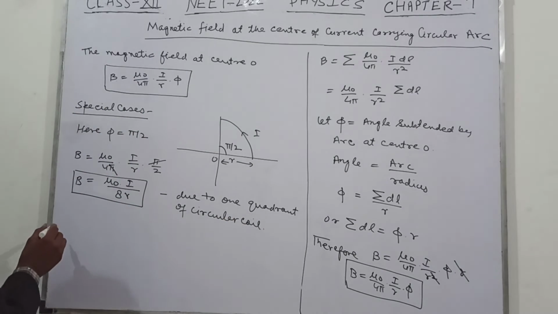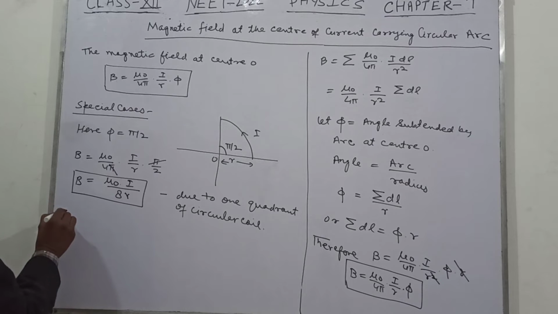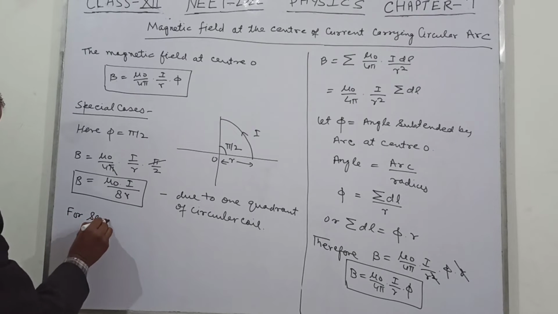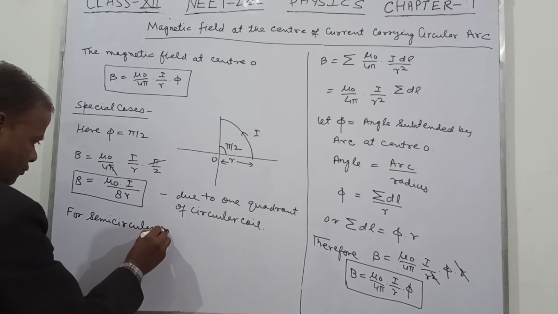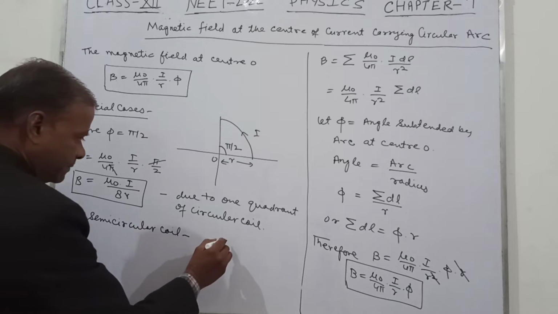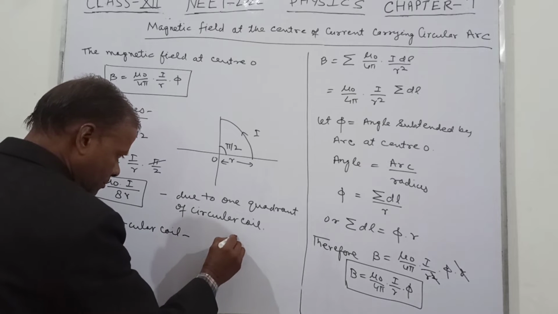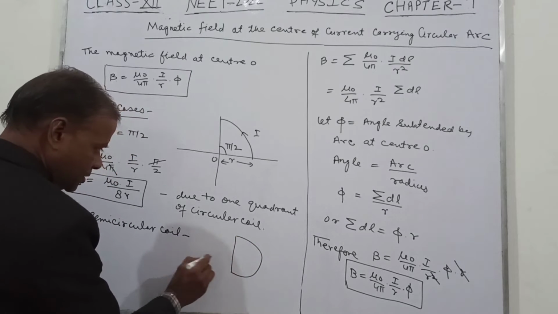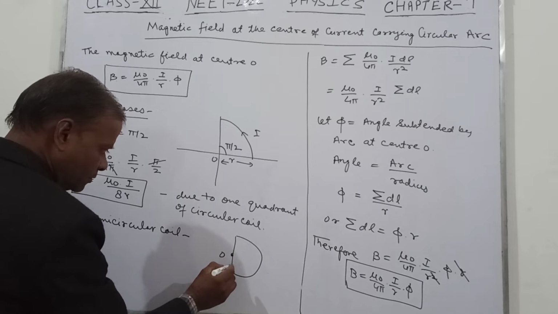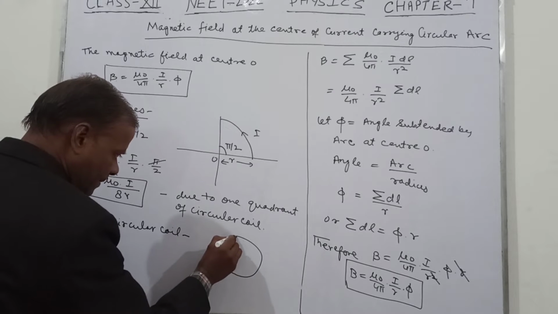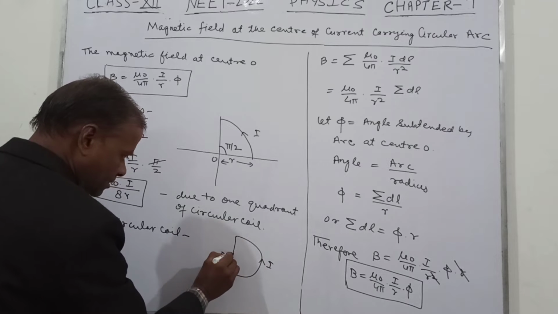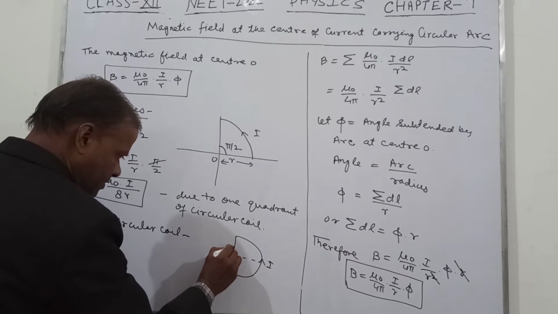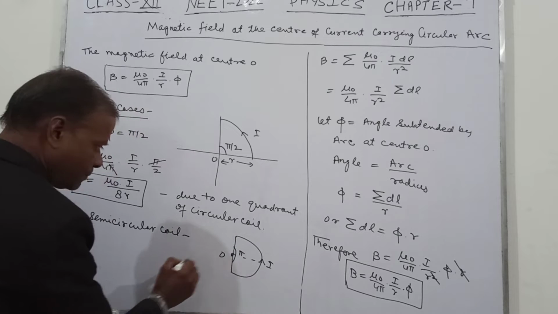Suppose we are having a semi-circular coil. For the semi-circular coil, this is the center O, this is the radius, and it is carrying the current I. Then this angle is pi.